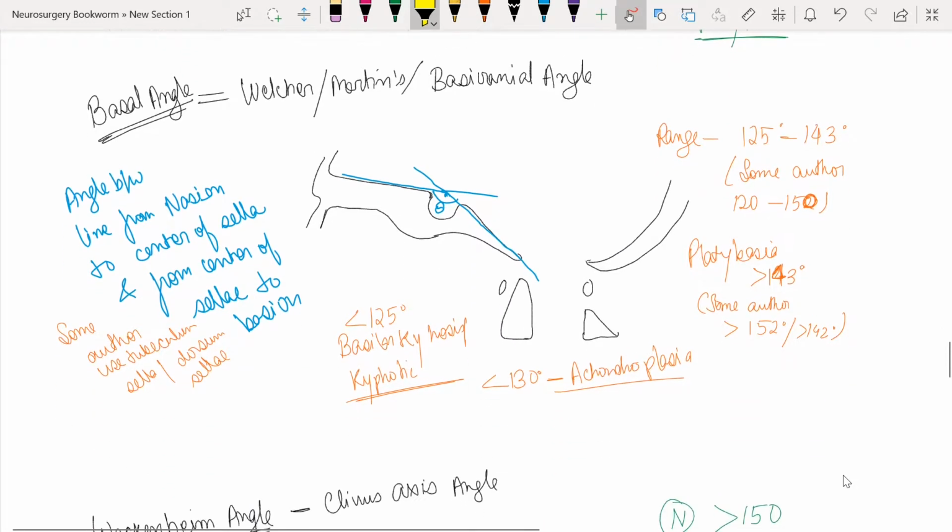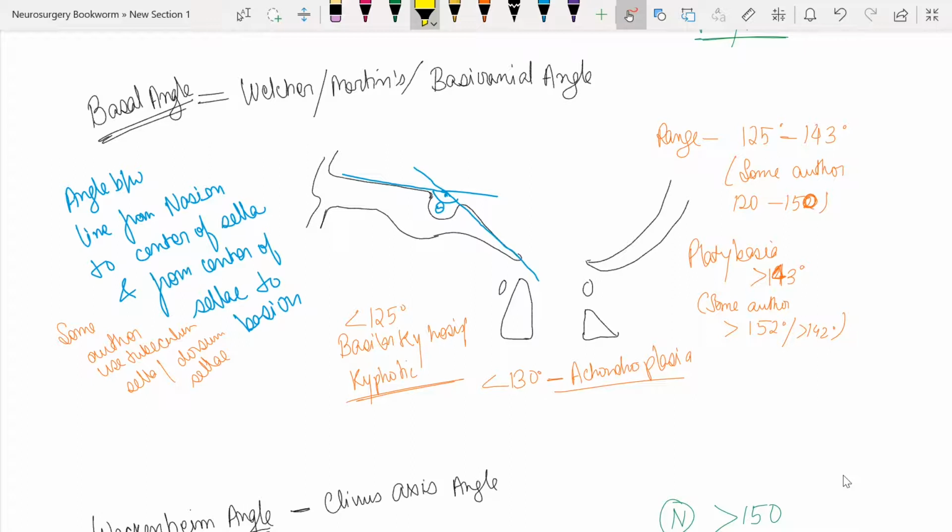Next angle is the basal angle. The basal angle is called by many names like basicranial angle, Welcher angle and Martin's angle. I was not able to find if there is any difference in the ways of measurement of Welcher basal angle or Martin's basal angle or basicranial basal angle.